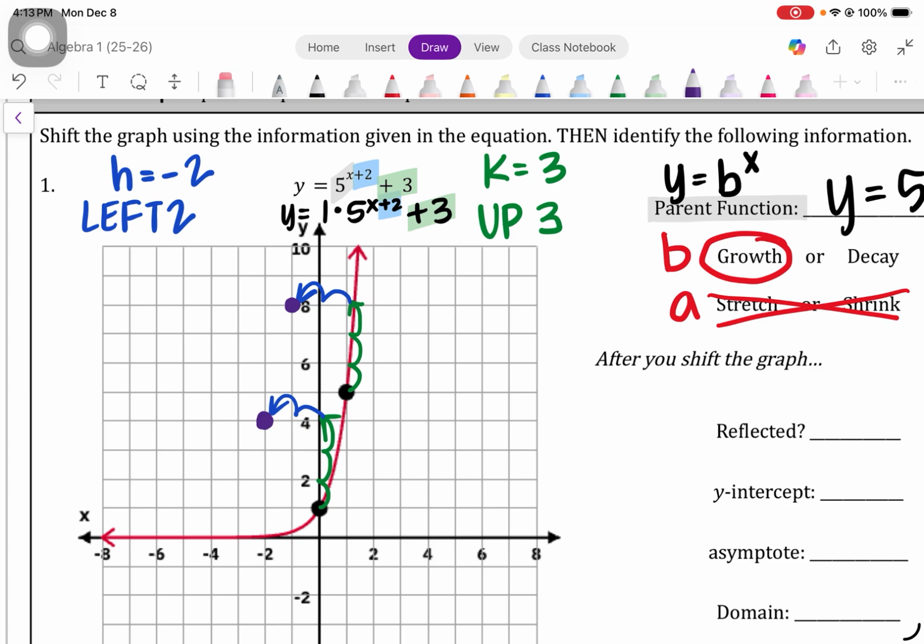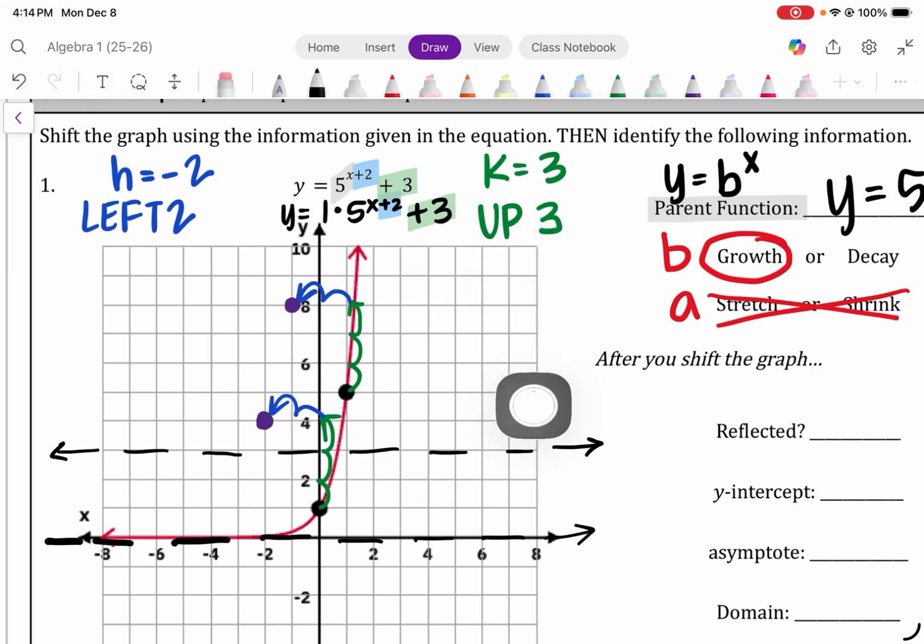So now what I'm going to do is graph, but notice that our asymptote originally started at 0. So when I move my asymptote, it's going to stay just 1 below my dot. So that means my asymptote now just moved here. Okay, and what we can also notice is that because we're moving up 3, my asymptote started at 0, but it also got moved with its graph.